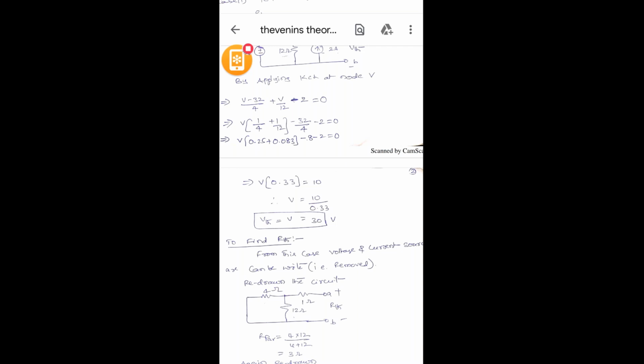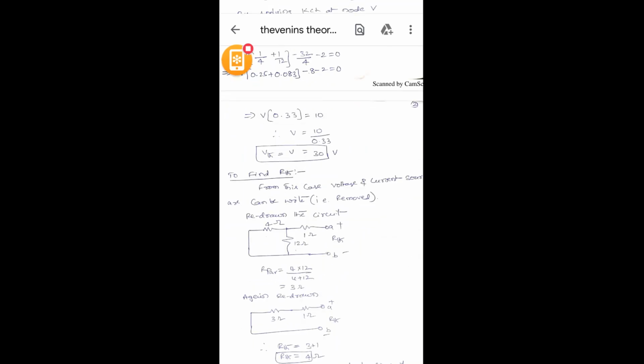Terminal A is plus and terminal B is minus. The 4 ohms and 12 ohms are connected in parallel, so R1 into R2 by R1 plus R2, 4 into 12 by 4 plus 12, equals 3 ohms.